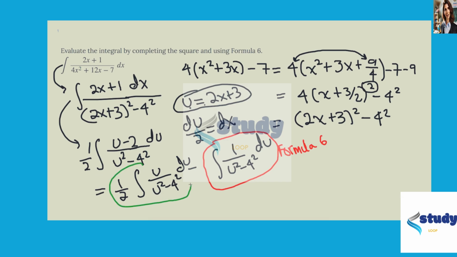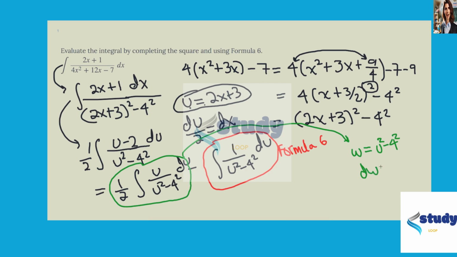So here's the first integral in green. For that integral, here you should do a u substitution. Let's use a different letter, w. Just in this case, let me backtrack here. I want w equals u squared minus 4 squared, the whole denominator.